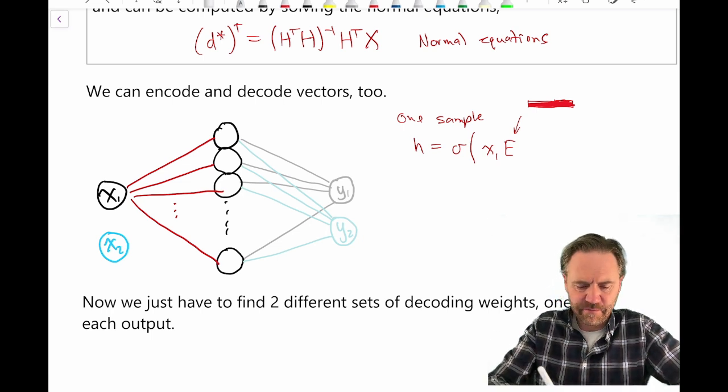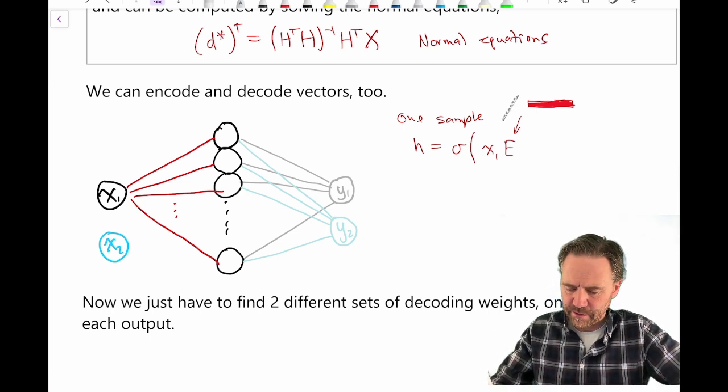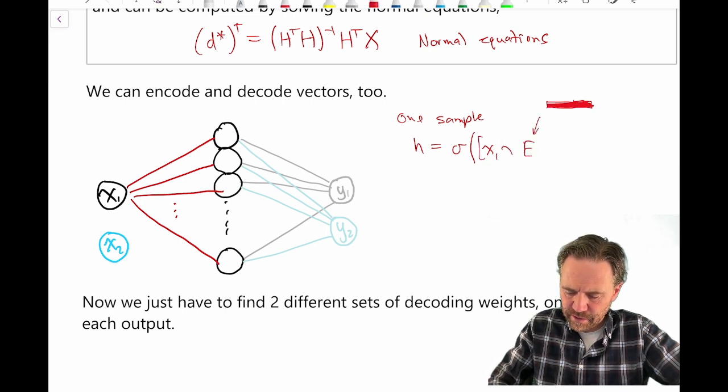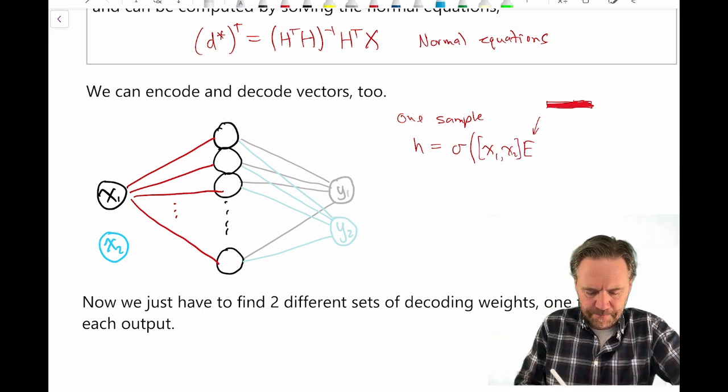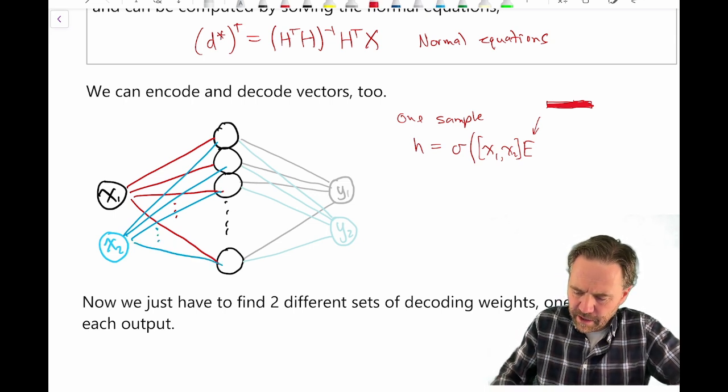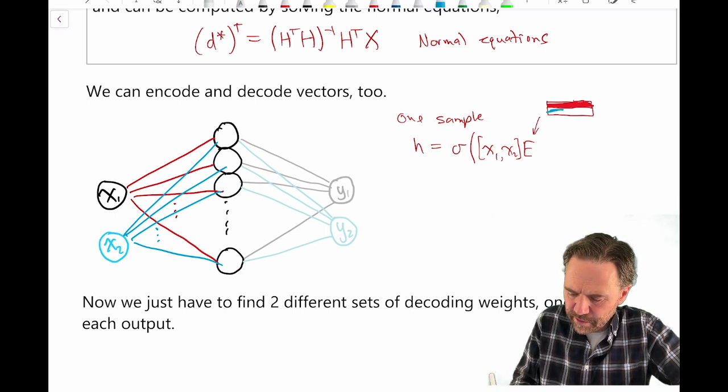Now, if we actually have two things we want to input, then our input vector could actually be x1, x2. So those are two separate elements. And now we'll want to have a second set of encoding weights, which I'm drawing as blue here.